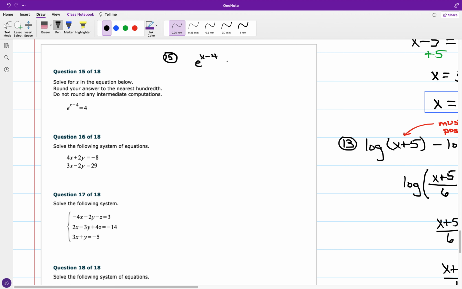So we have the exponential base e to the x minus 4 is equal to 4. What I can do here is free up the x minus 4 from the power position if I take the base e logarithm on both sides.